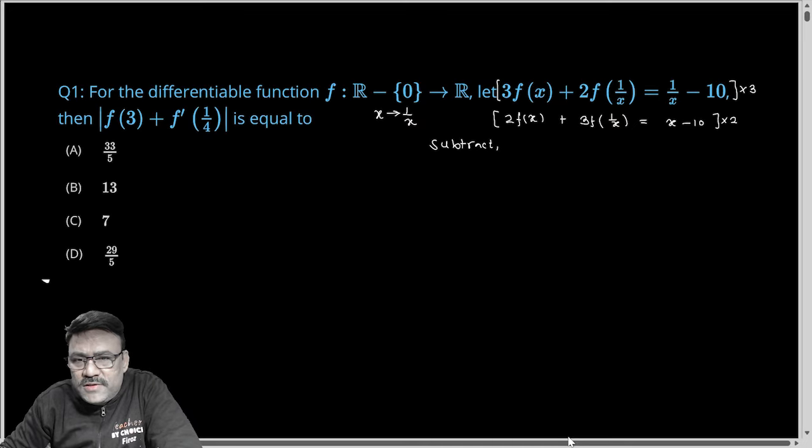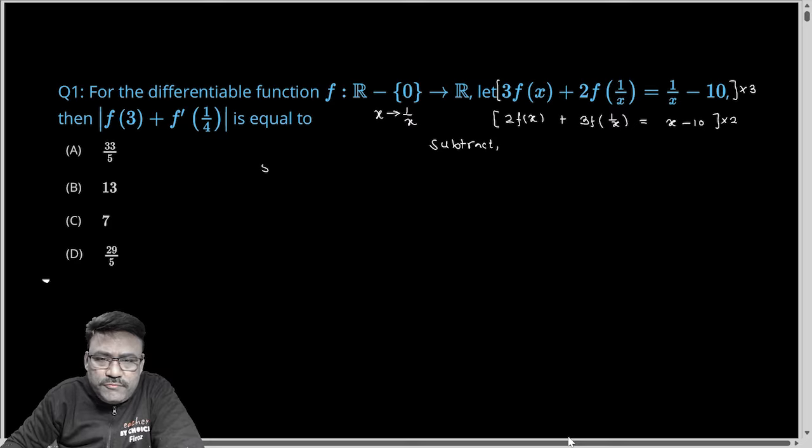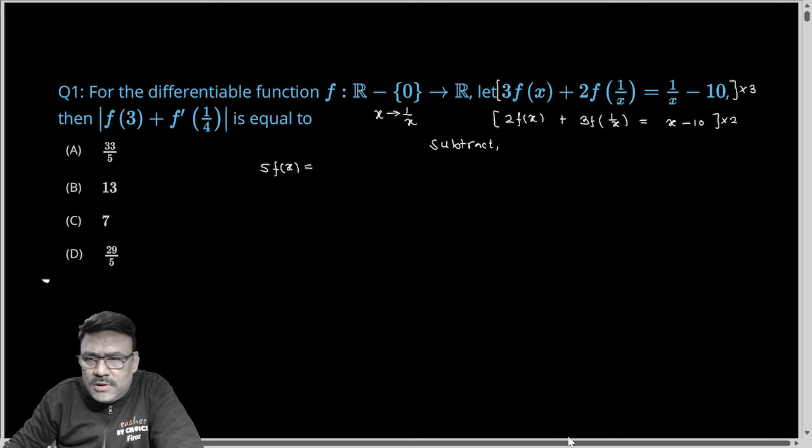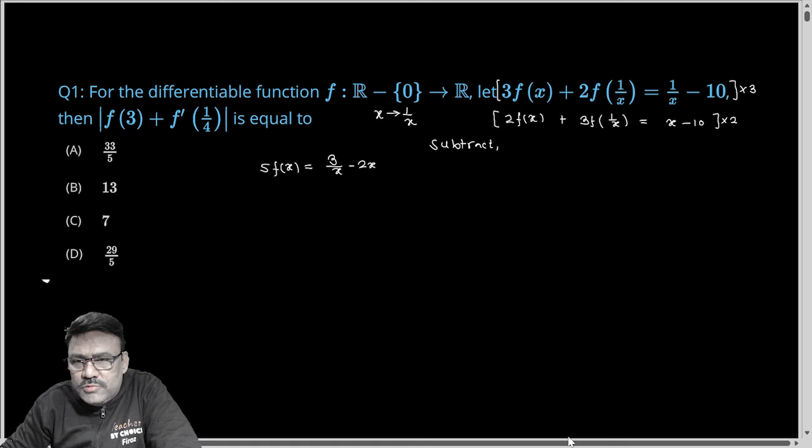So when you subtract here, you are getting 9f(x) minus 4f(x). So basically it is 5f(x). 9 minus 4, and this f of 1 by x disappears now. And you are getting 3 over x minus 2x, 3 over x minus 2x. And then minus 30 plus 20.